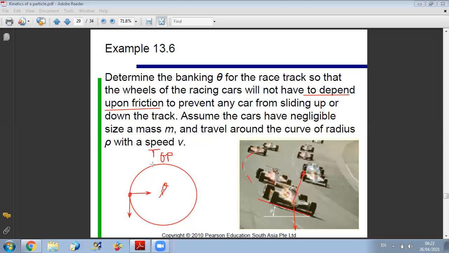And here, since it's a top view, it's a horizontal plane, then UB will be along the vertical, perpendicular to UN and UT. So I can just represent it by a point and a circle axis. So these are my unit vectors, UT, UN, and UB. Okay.